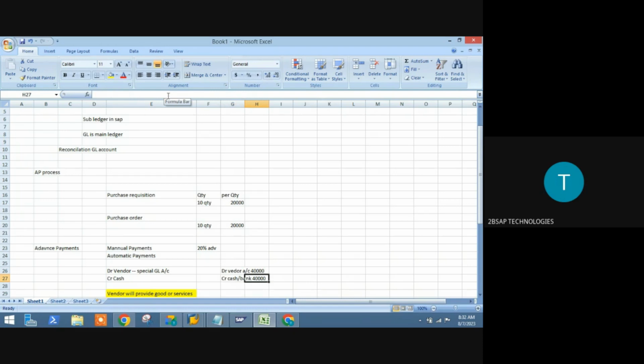If you are not using cash by bank account, if you are using the outgoing GL account concept, then here it is going to be outgoing bank GL accounts. Okay, clear, sir?